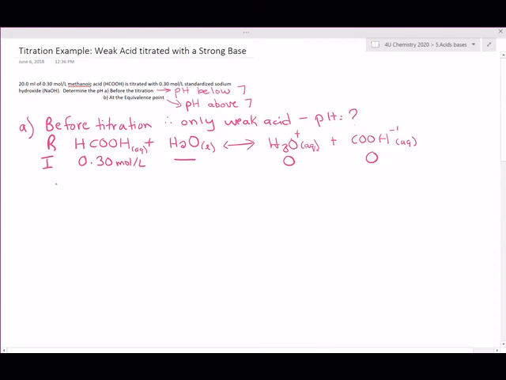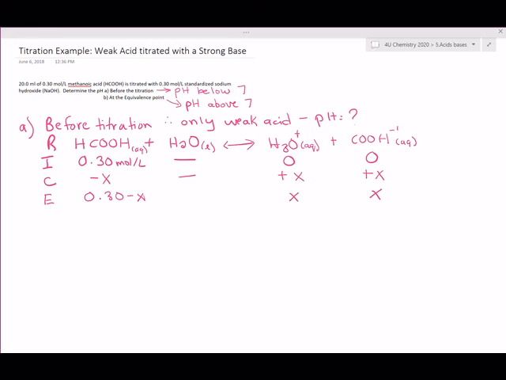The change that happens as this reaches equilibrium is we're going to lose acid molecules, but we're going to gain ions as it ionizes with the water. So at equilibrium, we have 0.3 minus x, x, and x.